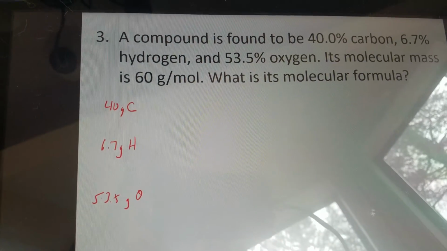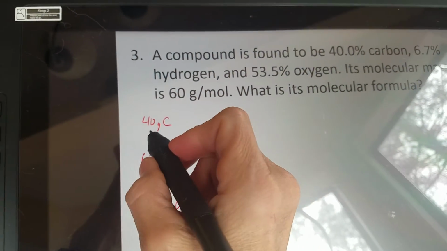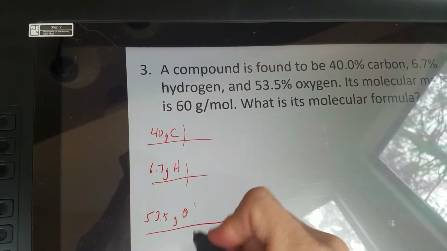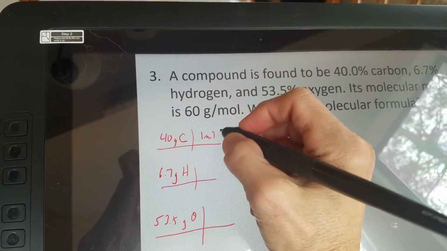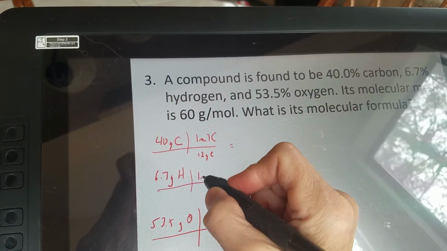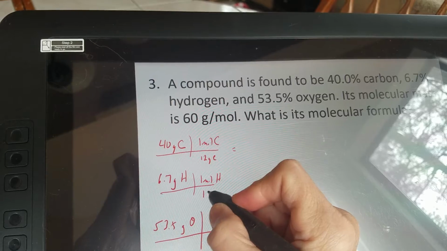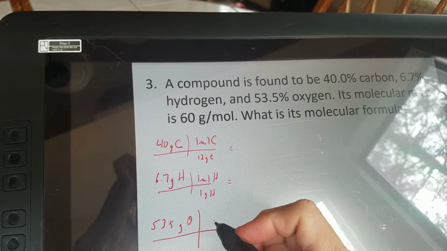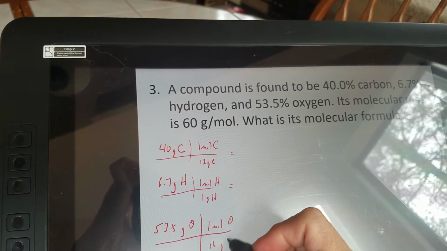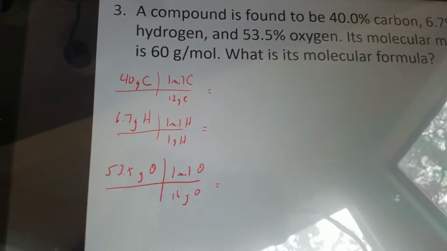So the first thing we got to do is get our empirical formula. So now we'll take each of these grams, convert them into moles. So I know 1 mole of carbon is equal to 12 grams of carbon based on the atomic mass. 1 mole of hydrogen, 1 gram of hydrogen based on its atomic mass. 1 mole of oxygen, 16 grams of oxygen based on its atomic mass.